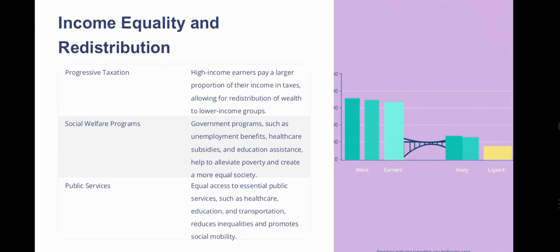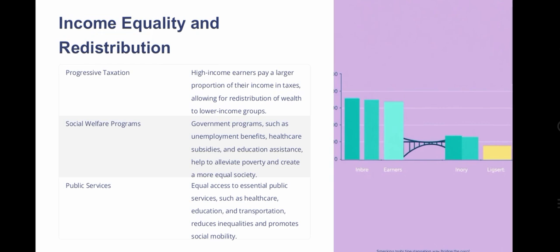Then social welfare programs. Government programs such as unemployment benefits, healthcare subsidies, and education assistance help to alleviate poverty and create a more equal society. Next is public services.